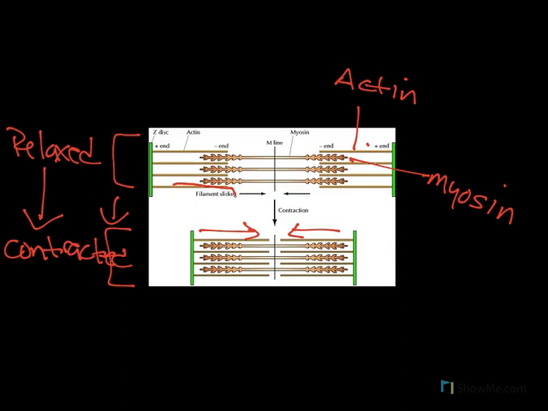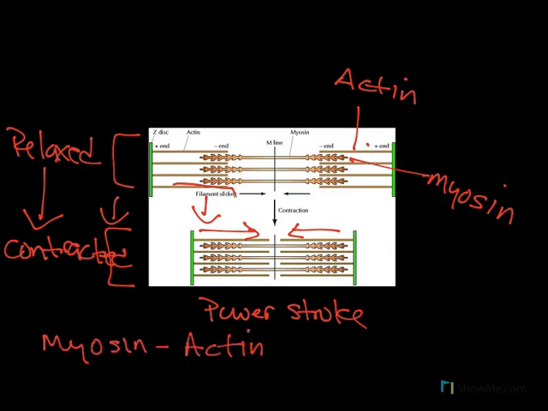They go from relaxed state, where the actin and the myosin are not interacting, to where the actin and the myosin have interacted, and you have the power stroke, right? The power stroke, and that has moved that actin towards that M line. Now these interactions between the myosin and actin, there are many interactions that occur.